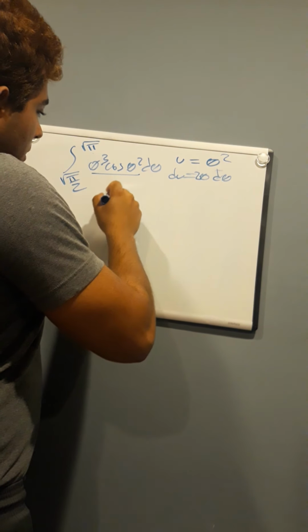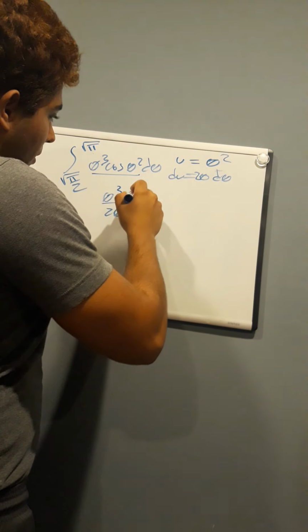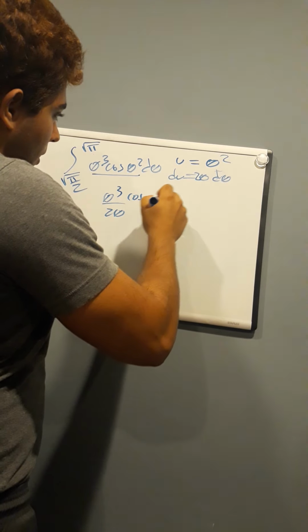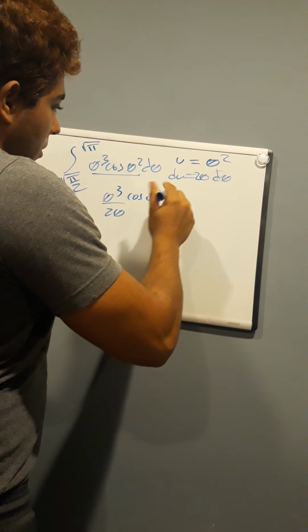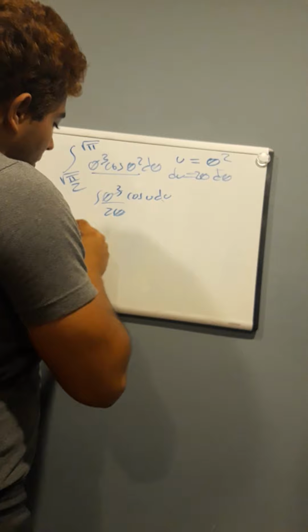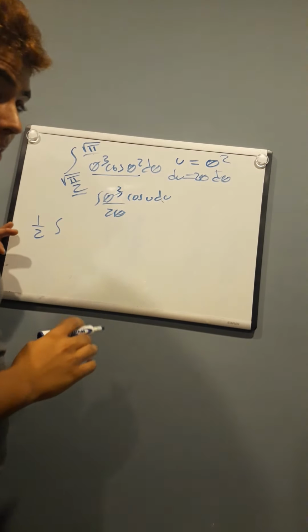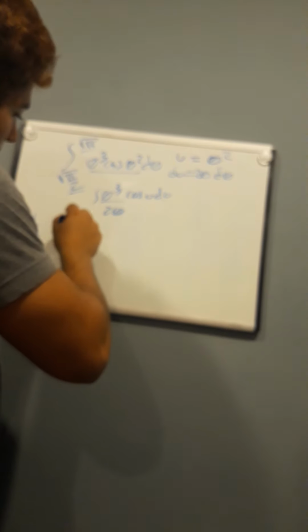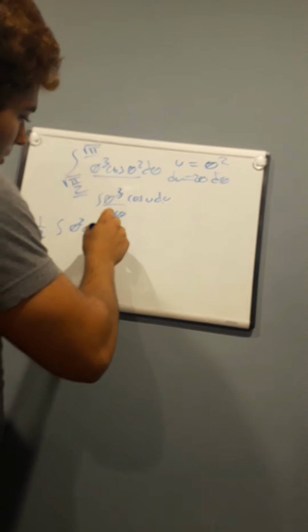So theta cubed over 2 theta, cosine u du. This gets out of the way. 1/2, I'm ignoring this for now, equals theta squared cosine u du.